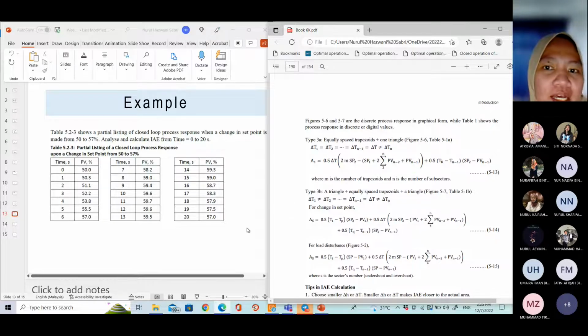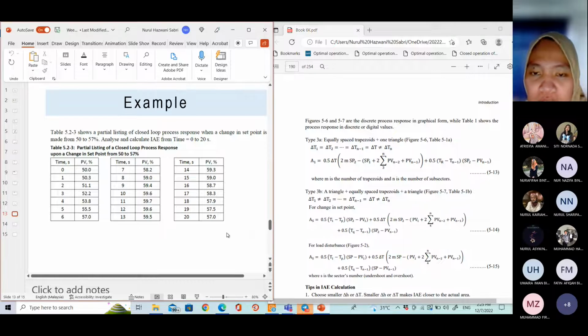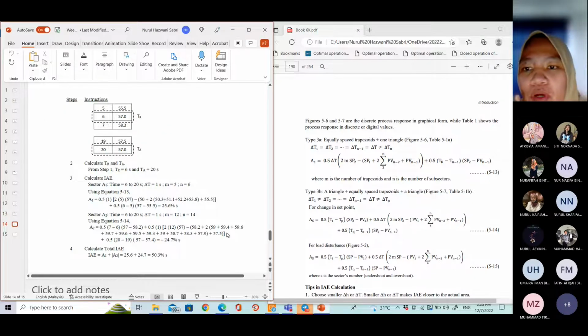So dekat sini lebih mudah sebab you all ada satu sahaja method, which is 3A method. So basically for area number 1, you can directly use this formula, formula 5.13.